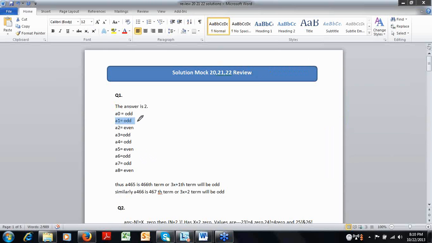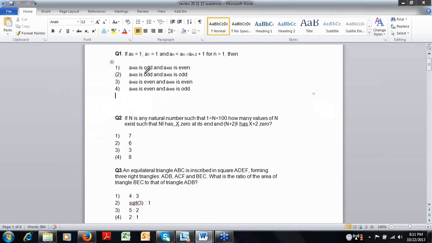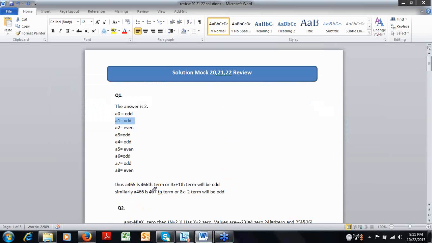Then similarly if you calculate a3, a4, a5, a6, what we are seeing is that we are getting a series odd, odd, even, odd, odd, even, odd, odd, even. So every third term is an even term. So they are asking about a465 and a466. What we are seeing is every third term is even.